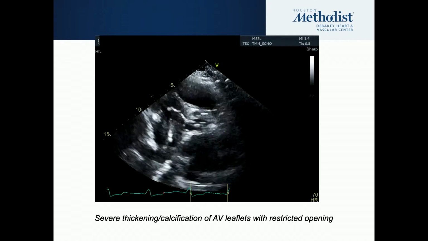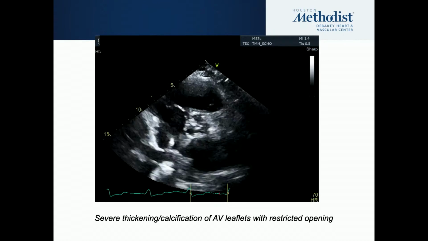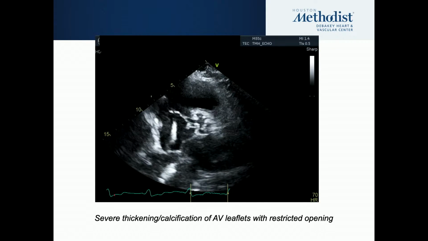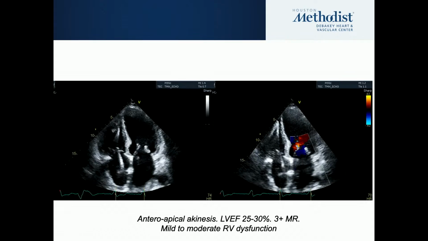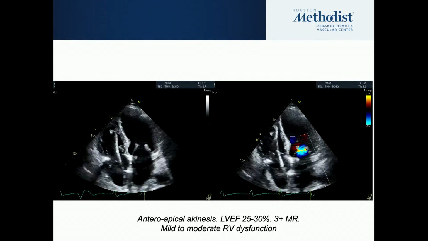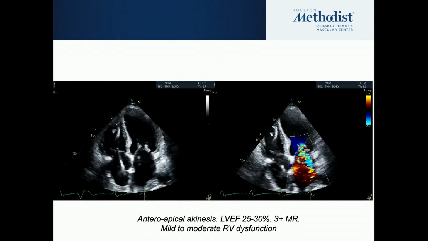This is the short axis at the level of the aortic valve, showing thickened and calcified aortic valve leaflets with restricted leaflet motion. And the four-chamber view shows a large area of anteroapical akinesis with severe mitral regurgitation.